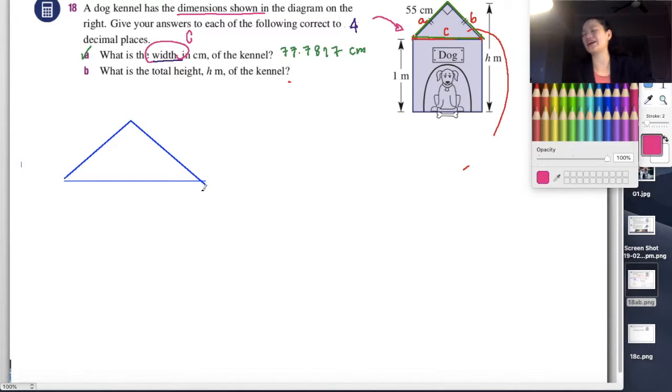Okay, let's do it step by step with me. We draw the picture. Now we know here is 55 centimeters, 55 centimeters. And our width is 77.7817.